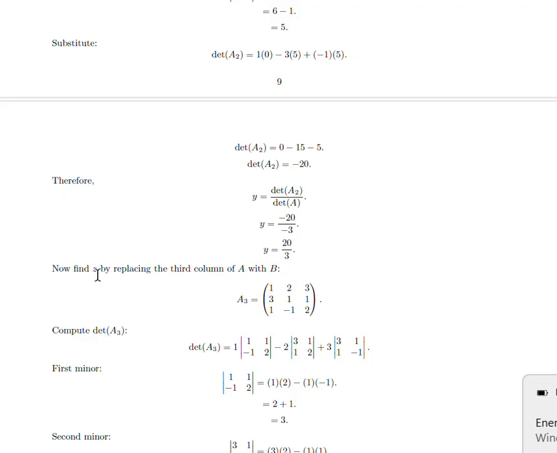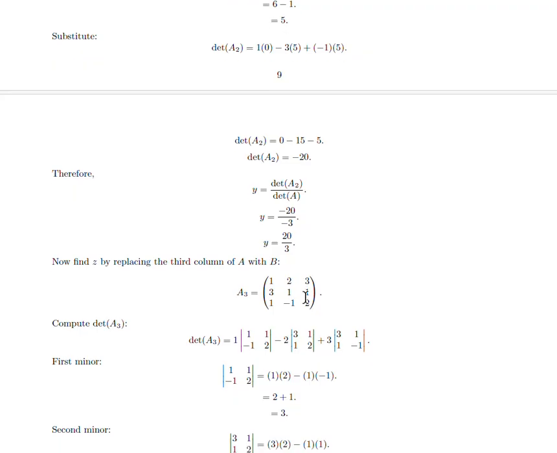For z, which is our variable 3, we work with matrix A3, and that brings B into our third column of A, right? Third variable forms A3, bringing B into third column of A. Every other element in A remains intact.